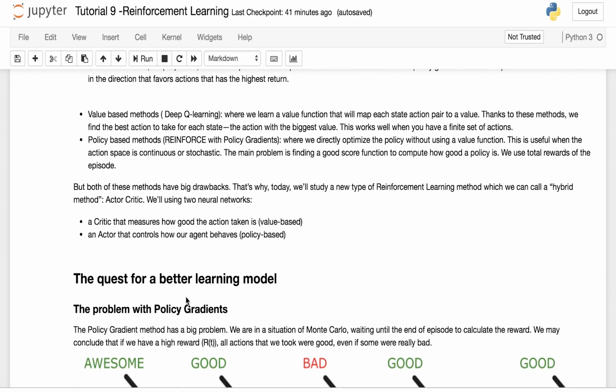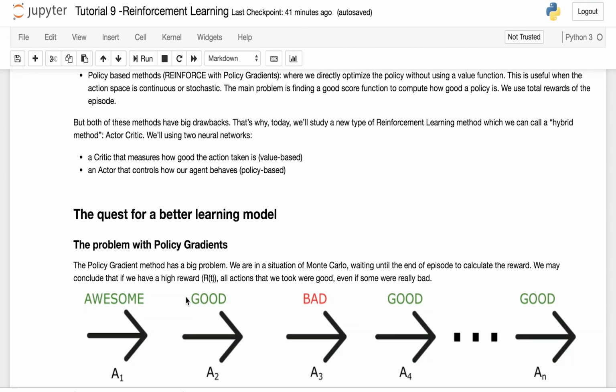So, the problem with policy gradient. Policy gradient methods have a big problem. When we use Monte Carlo, waiting until the end of each episode to calculate the reward, we may conclude that if we have a high reward, all actions we took were good.